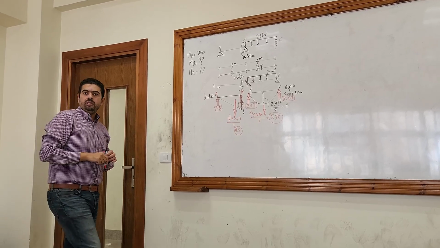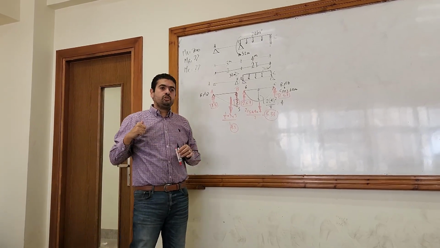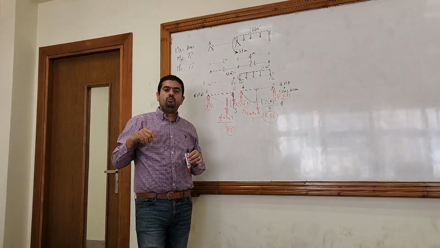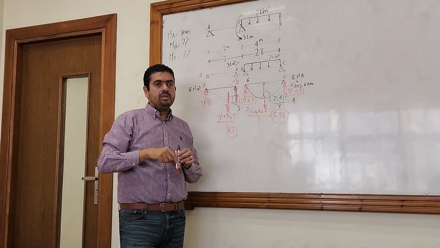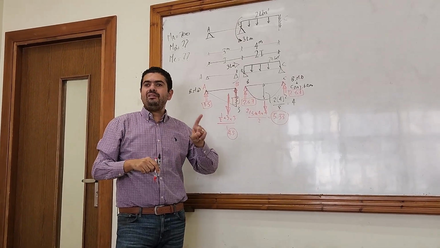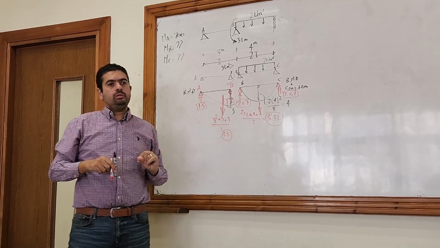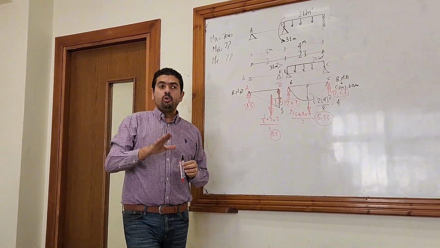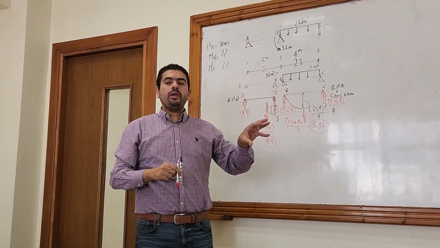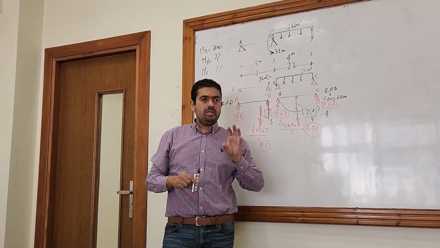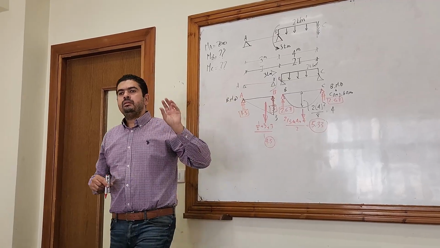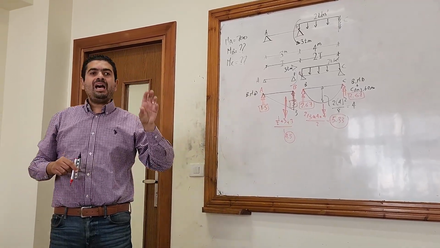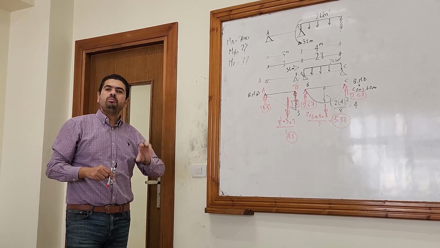Apply three-moment equation. Last lecture, we were having 2 examples. Both of them were having only one unknown. Here I have 2 unknowns. The rule is apply three-moment equation at the point that is having an unknown moment.